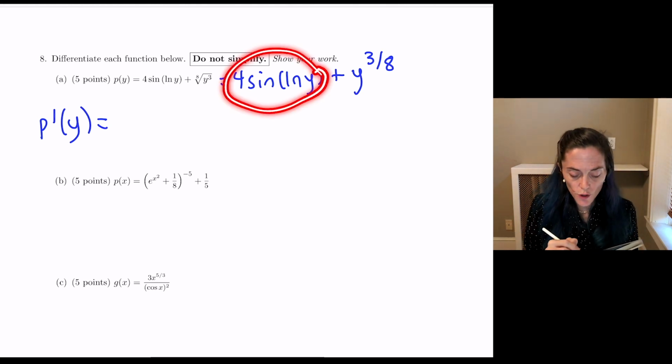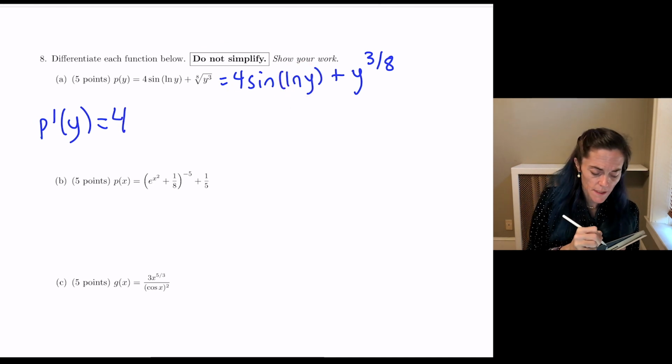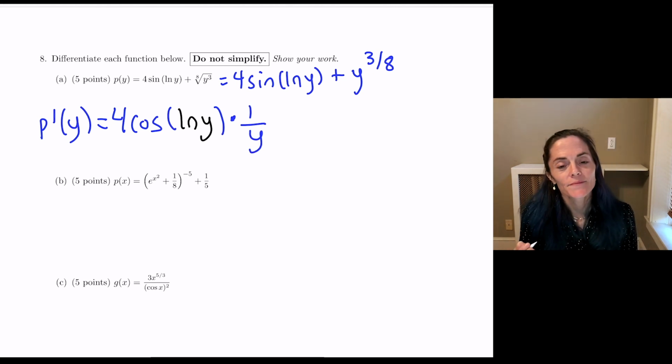This first term, we have chain rule. My inside function is natural log y. So the derivative of sine is cosine. We put in the entire inside function. Then multiply by the derivative of ln y with respect to y, which is 1 over y.